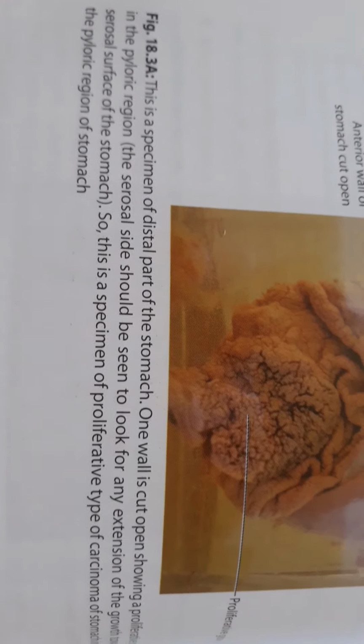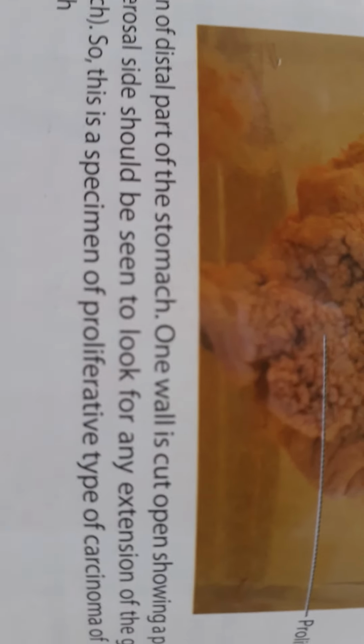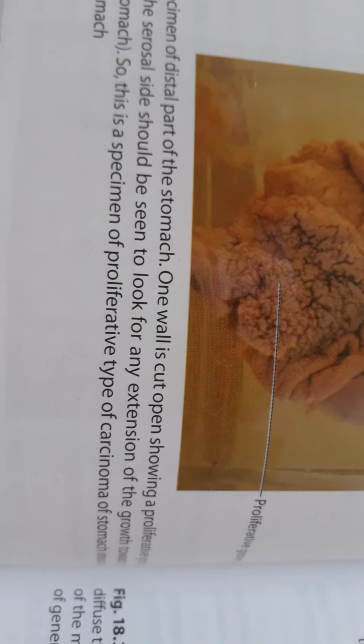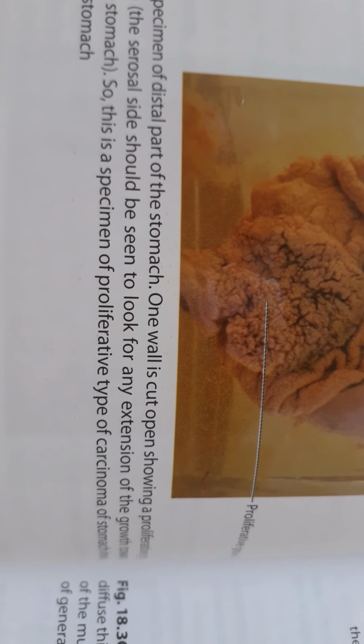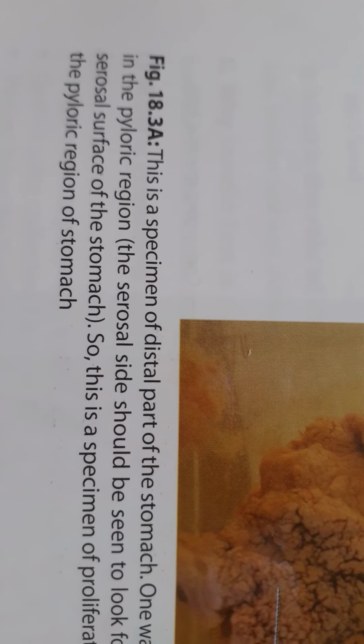The serosal side should be seen to look for any extension of growth toward the serosal surface of the stomach. So this is a specimen of proliferative type of carcinoma of the stomach involving the pyloric region of the stomach.